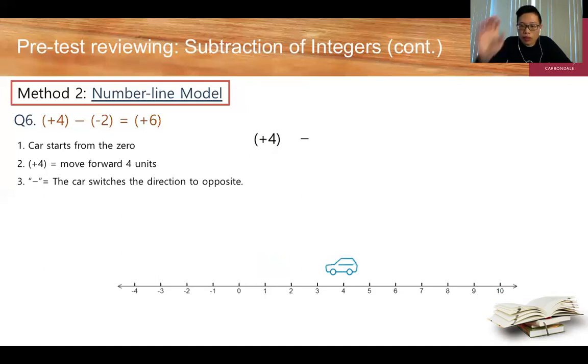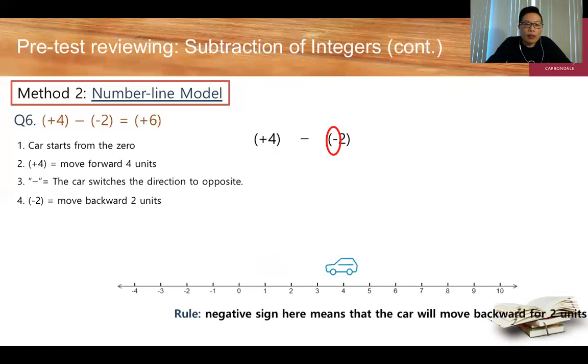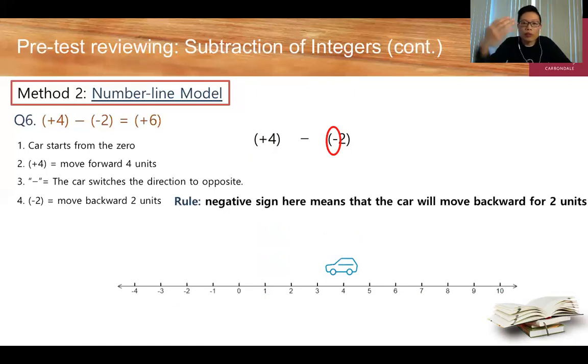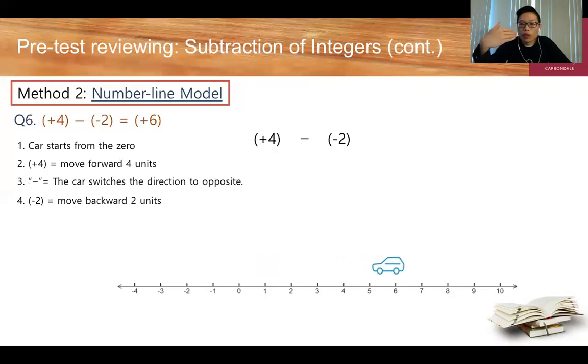And then -2 means the car will move backward 2 units. So the position where the car stopped is the final product for this equation, which is +6.